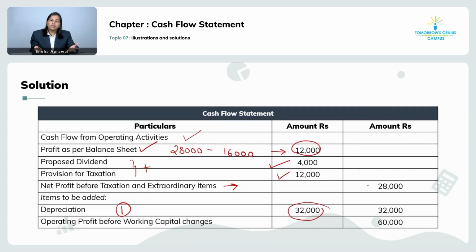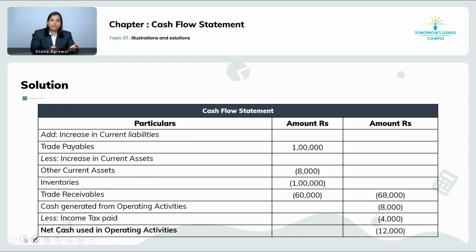Then I'll total net profit before taxes and extraordinary items and depreciation, and I'll get operating profit before working capital changes, right? What are the working capital changes? One is an increase in current liability, one is an increase in current asset. Trade payables got increased by 1 lakh. If my current liability increases, we need to add it.